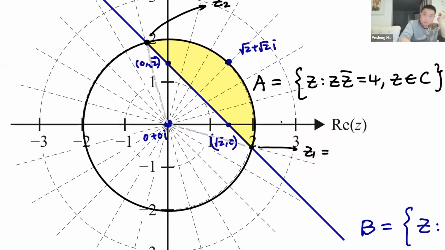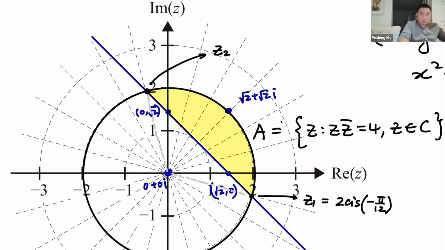Don't forget each single sector subsection is 15 degrees, which is pi over 12. And it's all along the radius 2 circle. I'm going to say this is 2 cis minus pi over 12. Make sense? And z2 here is 2 cis, for example, 7 pi over 12.